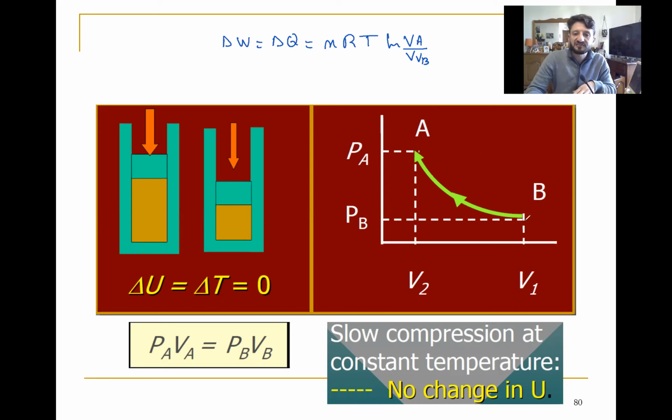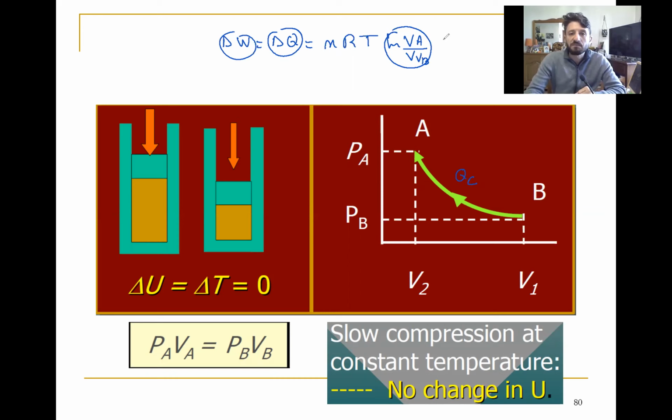As VB is greater than VA, ln is negative. So omega is negative and Q is negative. Anyway, if we decrease the volume, omega must be negative. So dq is negative. In this case, we have Q cold.